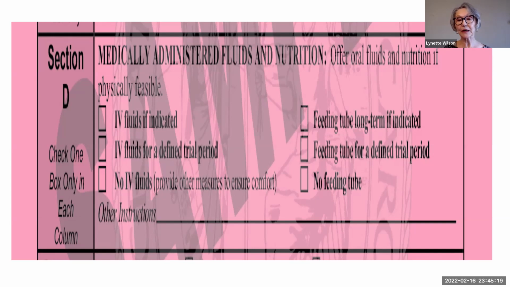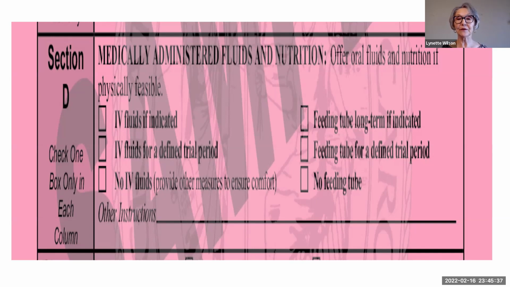So if you're concerned about hydration, that's likely again going to happen in a hospital and is not one of those things that keeps going on and on and on without there being discussion of feeding tubes.